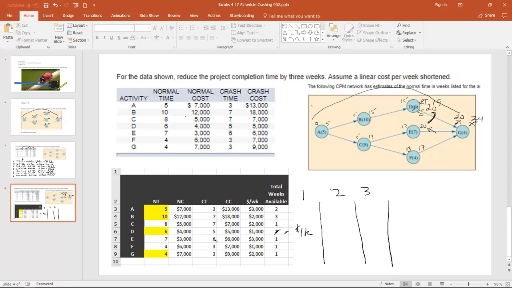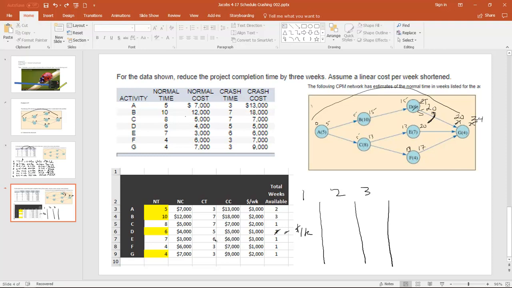That means you would have to buy, and I'm going to get rid of those because we're not going to use them. Okay? You would end up having to remove a week out of B. You can't do it out of D anymore. And you'd have to remove a week out of C or E because they're parallel. And you'd have to get both of these down to 19 somewhere within this area.